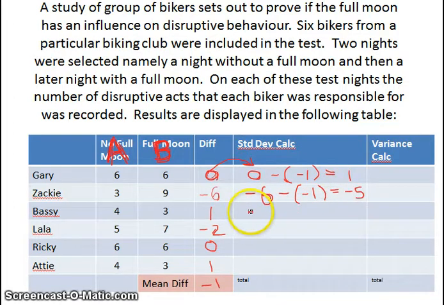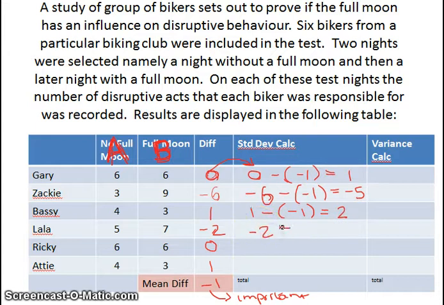For Bassie, it is 1 minus 1. And that sign, please note, that sign is important. It will influence your calculation if you don't have that sign there. So for Bassie, the answer is 2.